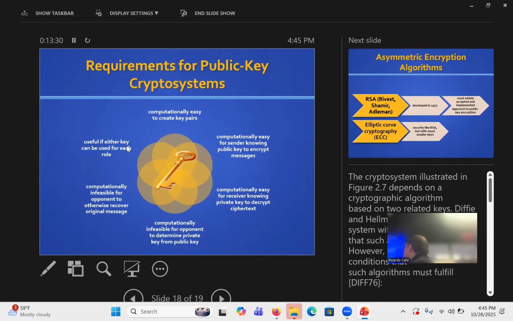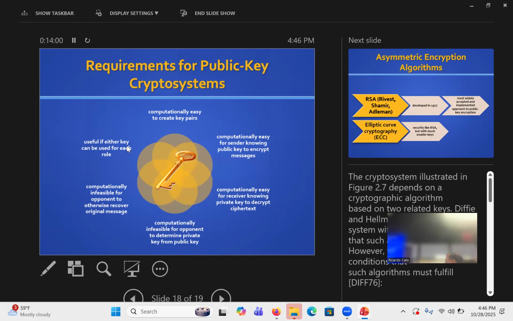So, requirements for public key cryptographic systems. It should be computationally easy to create key pairs. It should be computationally easy for a sender knowing the public key to encrypt messages. It should be computationally easy for the receiver knowing the private key to decrypt the ciphertext. Remember that usually these are only for small things that we're encrypting. So for that whole Netflix movie, you want to use symmetric encryption, not asymmetric.